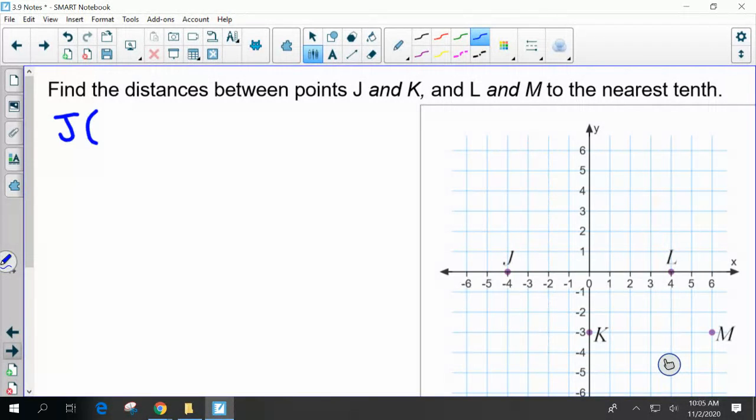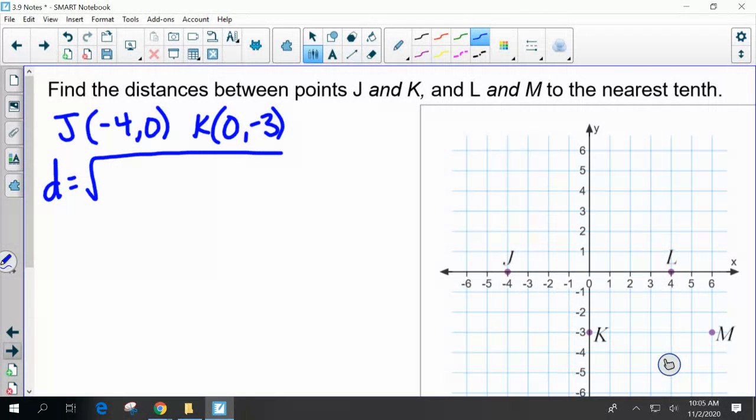So J is -4, 0, and K is 0, -3. Okay, so I'm going to plug those into my distance formula.